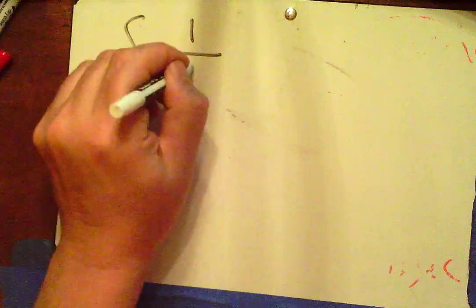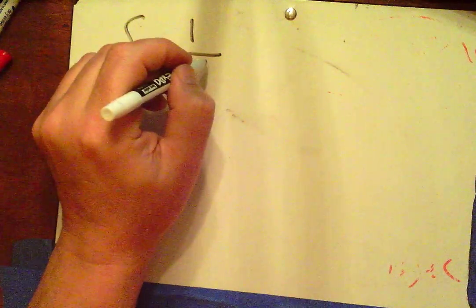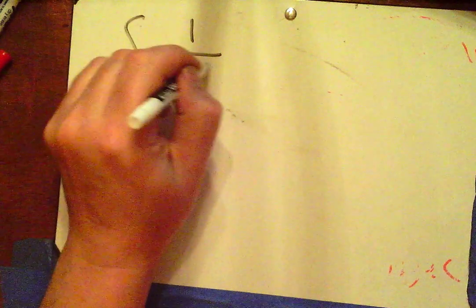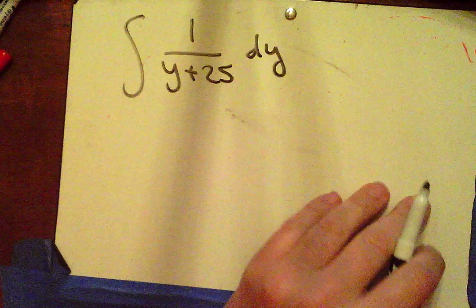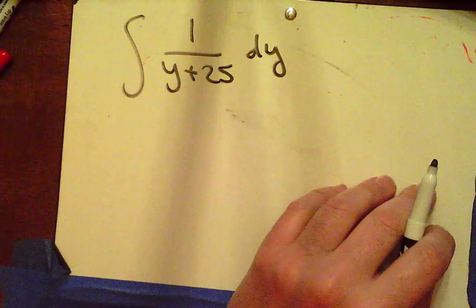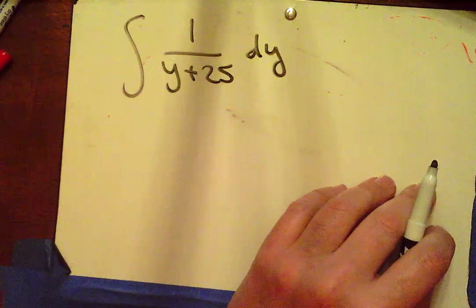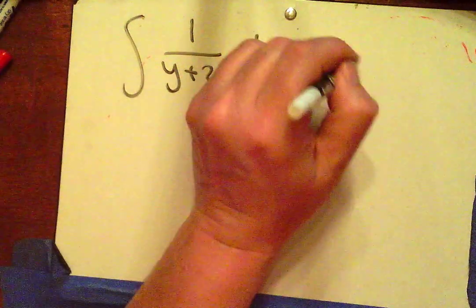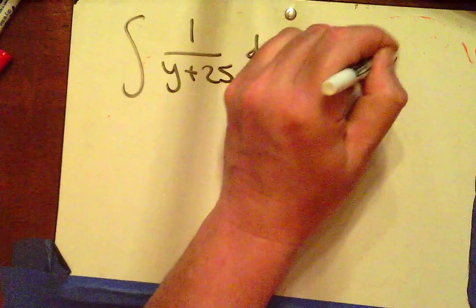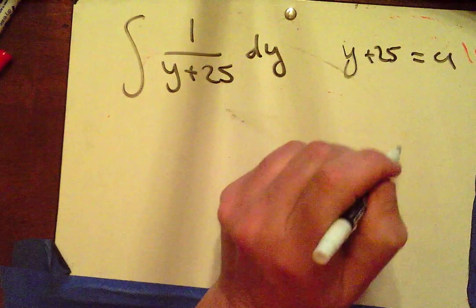What about this one? 1 over y plus 25 dy. How do we do this one? Well, I see a function and its derivative. So y plus 25 equals my u.